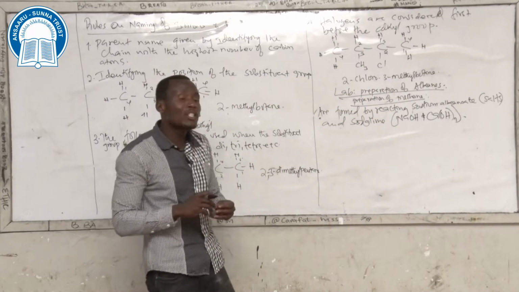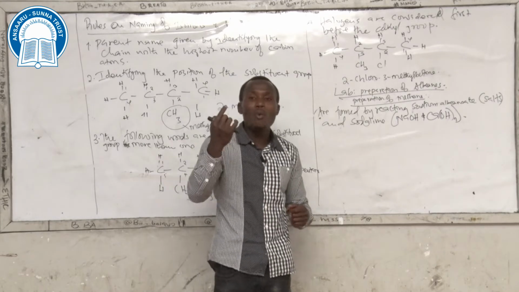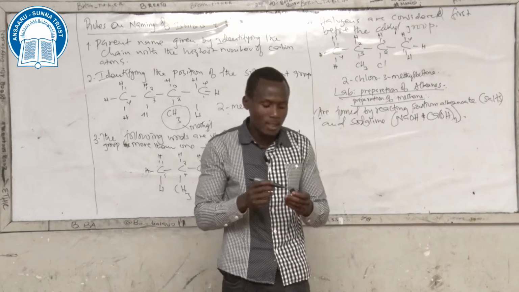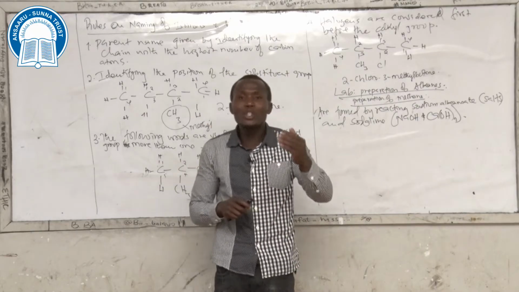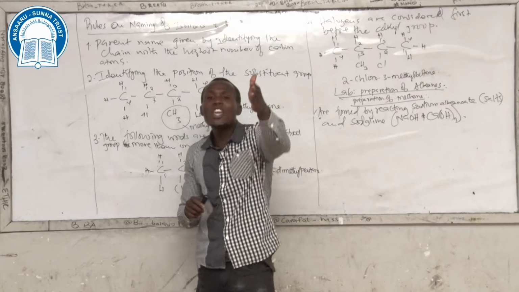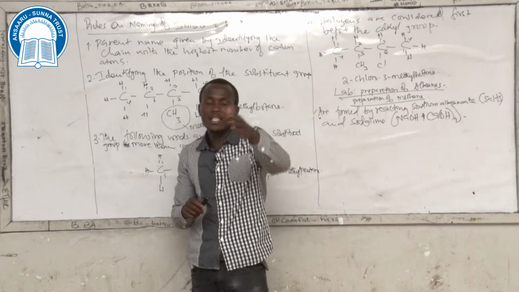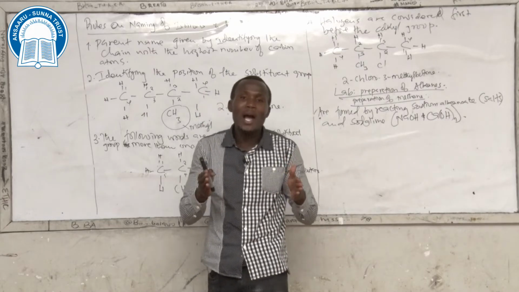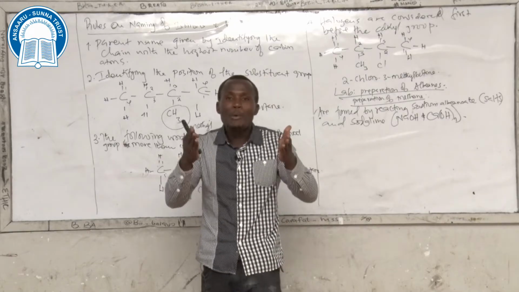Now the alkanoate used in the preparation of an alkane needs to have one carbon atom more than the alkane to be prepared. For example, if I need to prepare methane, I will use sodium ethanoate from ethanoic acid. If I need to prepare ethane, I will use sodium propanoate.